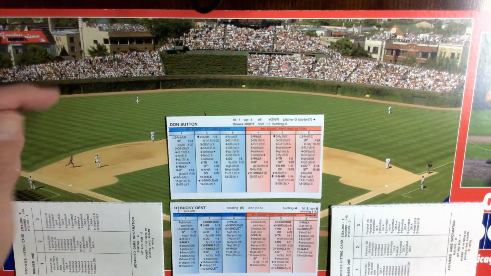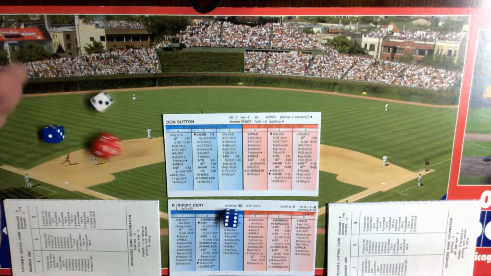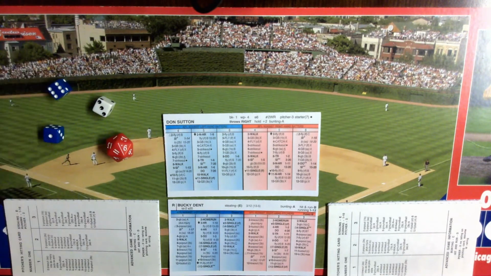That's an 11 and a 10. An 11 on a 2 is a G1. And an error rating of 32 on the shortstop is a 10. So no effect. So that's a ground out 6-3 for Dent for the first out of the inning for the Yankees.